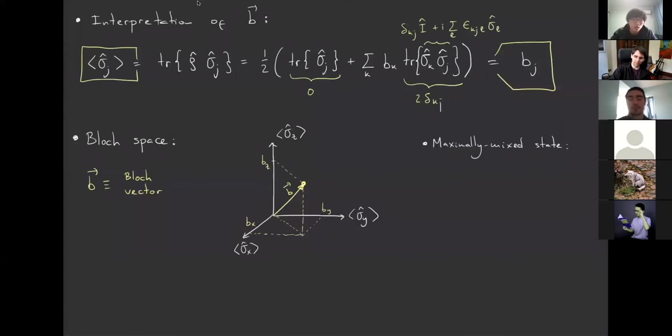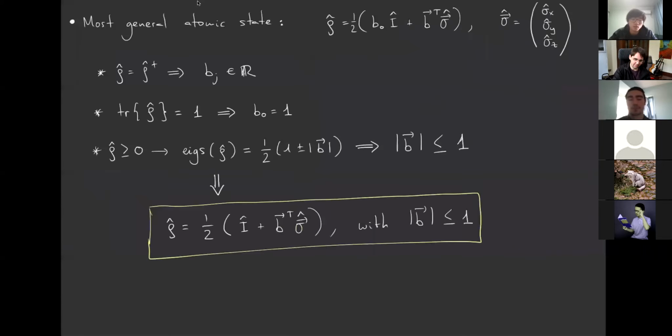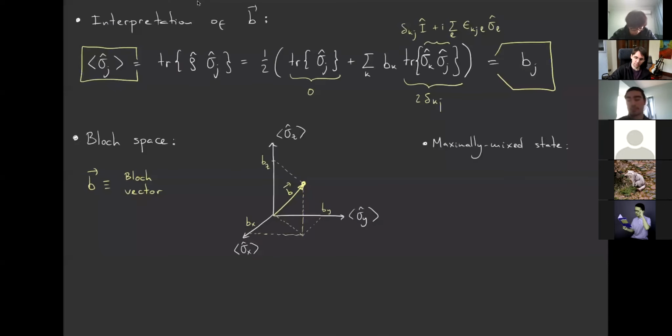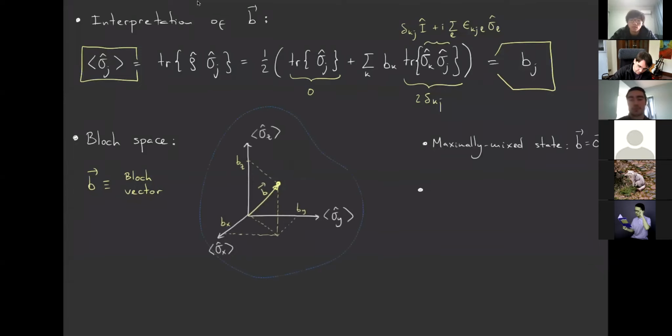So when B is equal to 0, just by the parametrization of the state, you get the identity divided by 2, which is exactly the maximally mixed state in dimension 2. So you have seen that B equals 0 is the maximally mixed state. So this is very nice. Now, let me make a bit more space. I think I will need it.